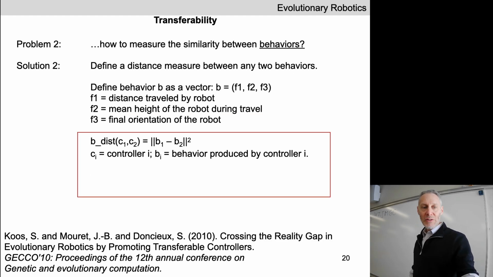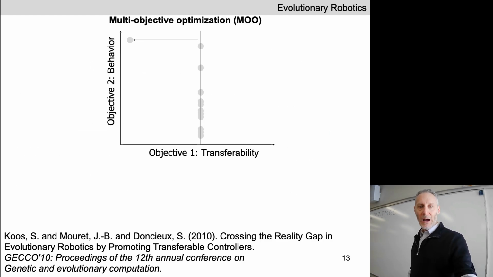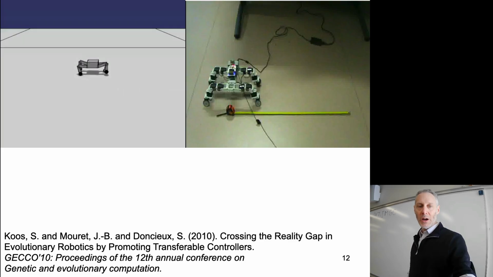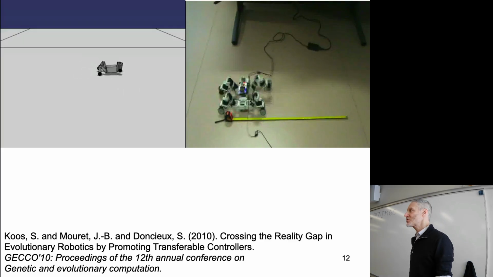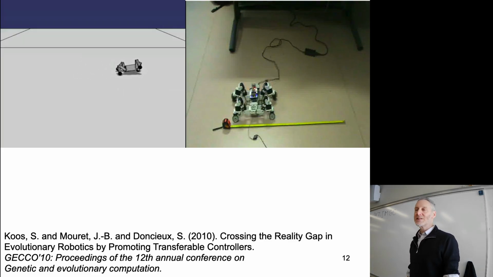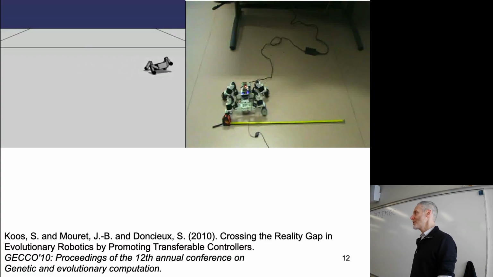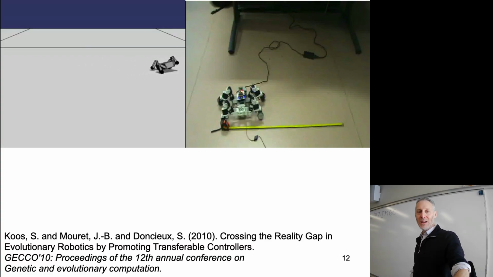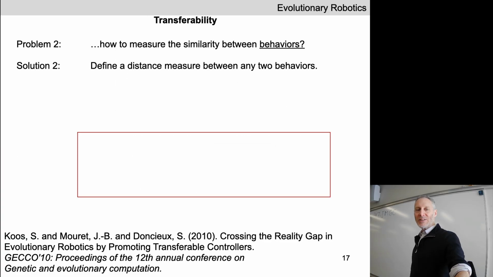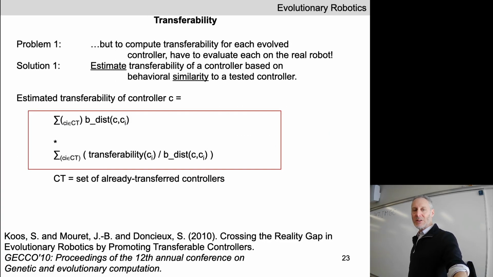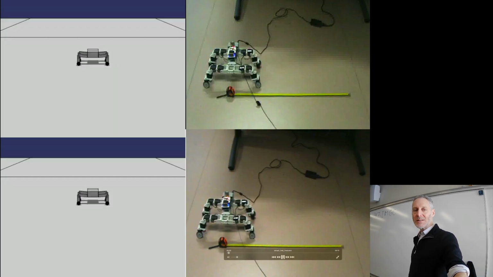Okay, so the video I showed you before, where was it? This one, which did not transfer, this was one of the original random controllers. There was no good way to estimate how good a controller transferred, and it transferred terribly. At the end of this process, they ran this experiment for a few days.